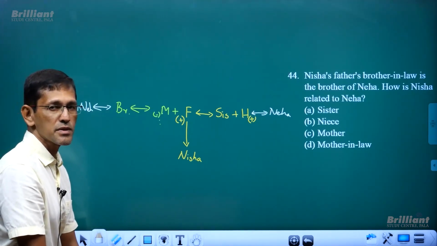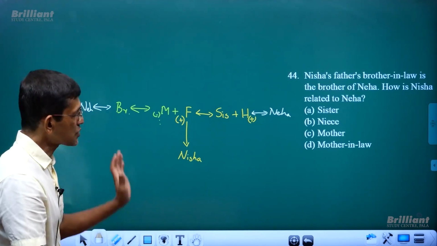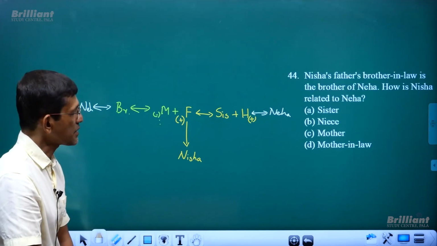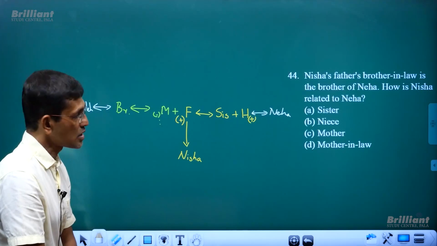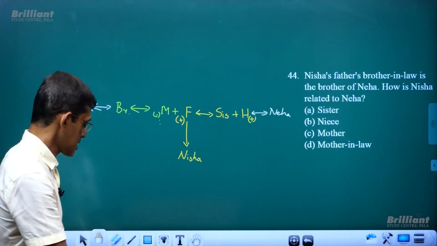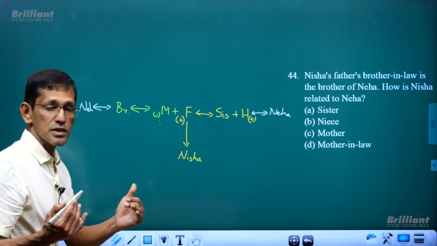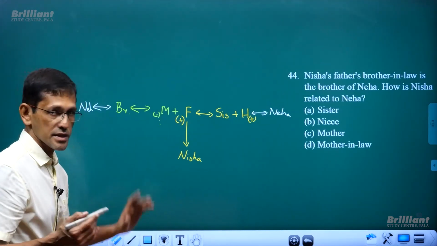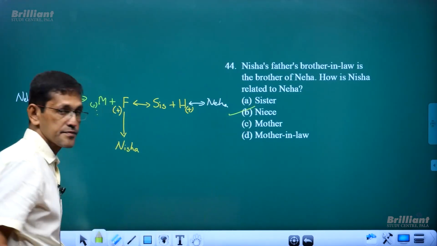We cannot call that person the niece. So ultimately, there are two possibilities here. However, only one possible answer choice is given, niece. So the final answer is what? Niece. Best available among the given answer choices, the best available answer is niece. So the final answer, we mark it as niece.